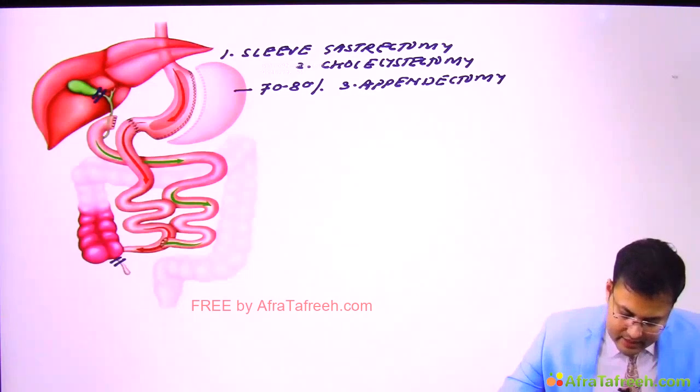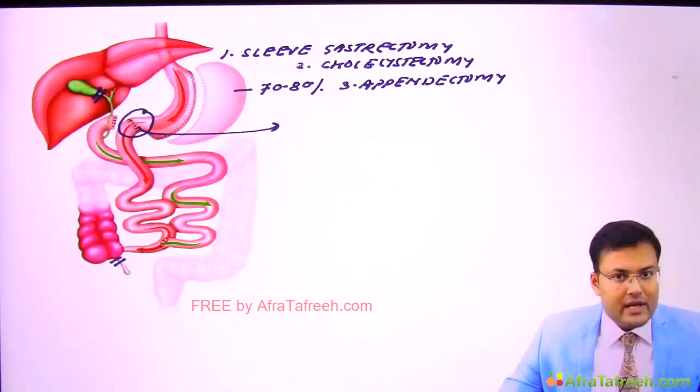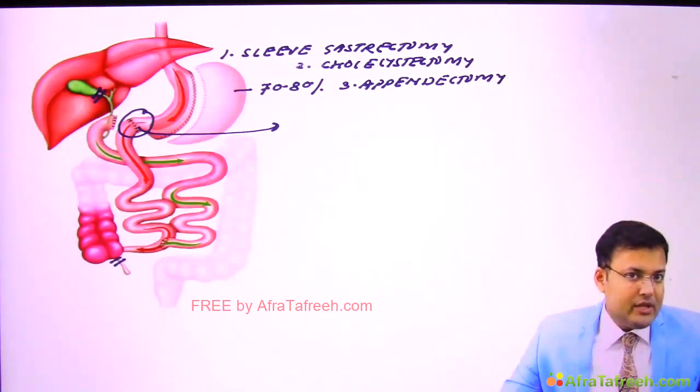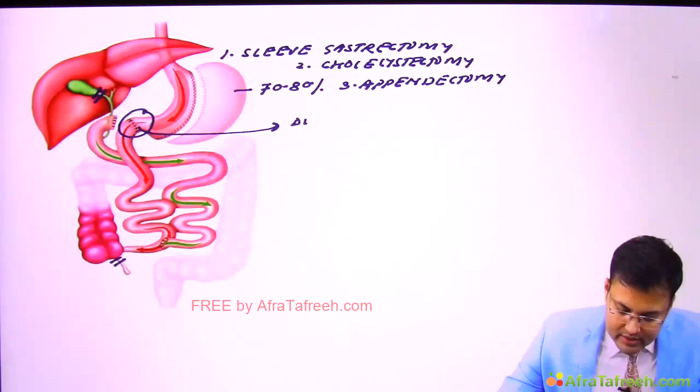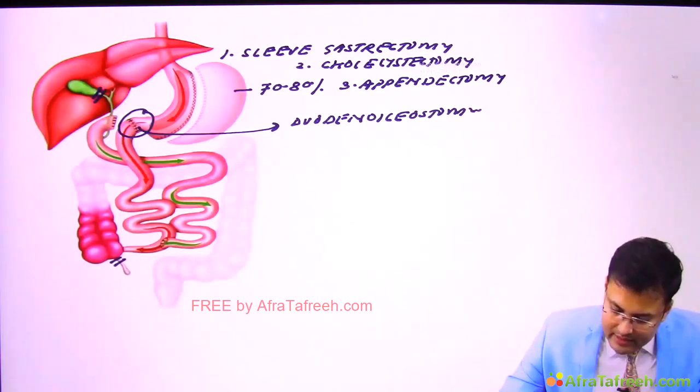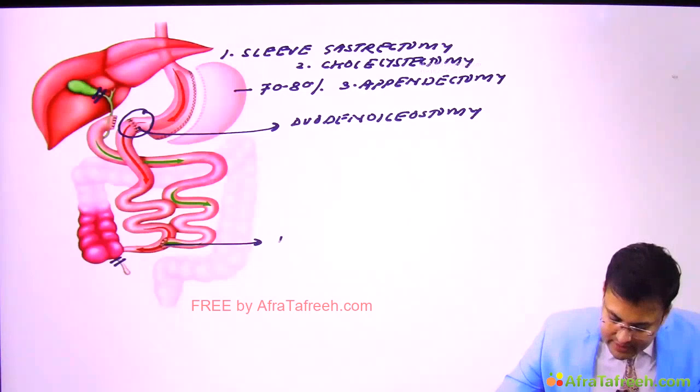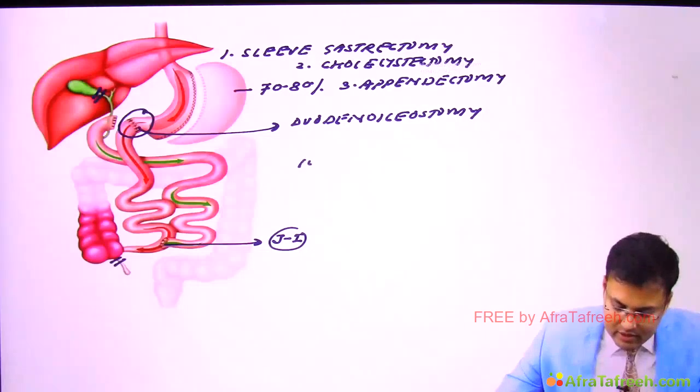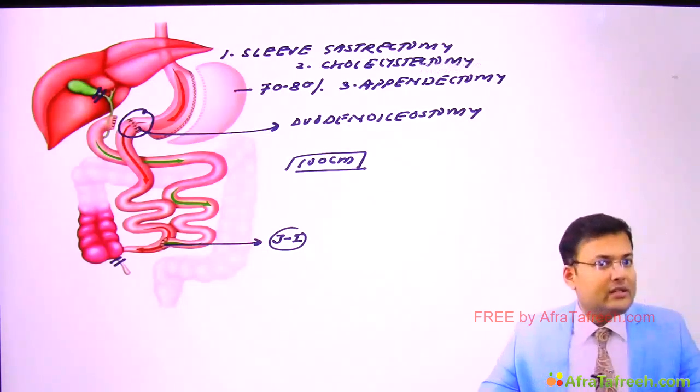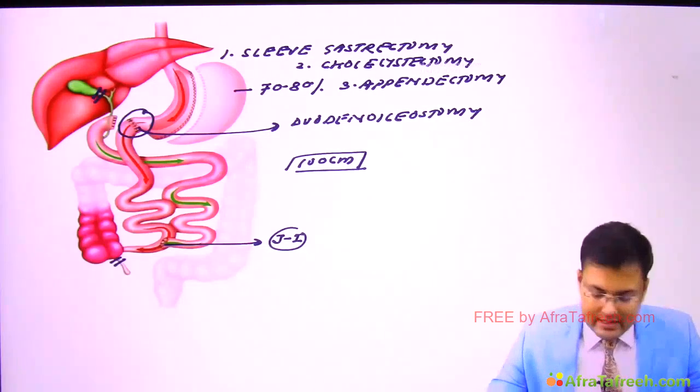Clear? And here this is the part of duodenum. So the anastomosis is actually between duodenum and ileum. So this is duodenoileostomy. Clear? And the name of this anastomosis is jejunoileostomy. And the common channel length is 100 centimeter. Because of this, what is the advantage over biliopancreatic diversion?